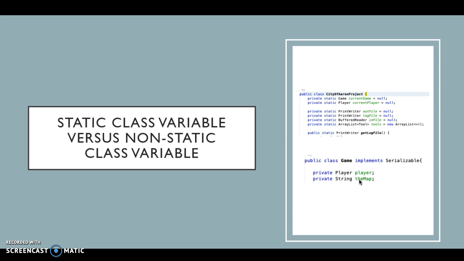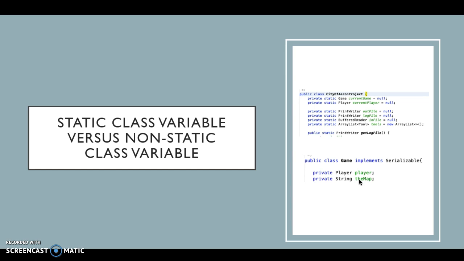To have access to this variable, I have to create an object of the game class, and then I have to use getters and setters to set a value and retrieve this value back. So this is the main idea of static class variable and non-static class variable.